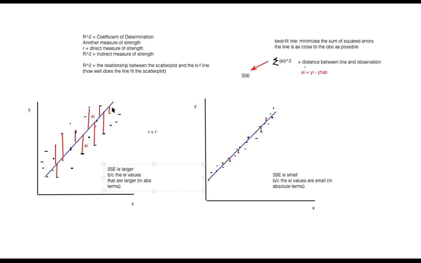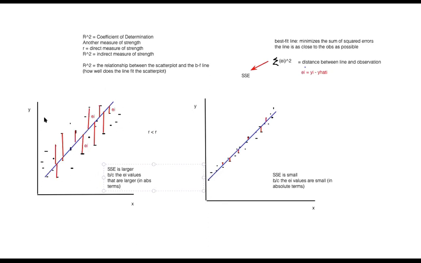But again, remember, this is still the best fit line, right? Just because this SSE is larger compared to the SSE on the right scatter plot doesn't mean that this is not the best fit line. This is still the line that minimizes this value, the SSE value, for this scatter plot.